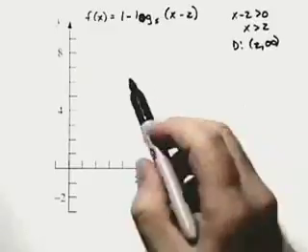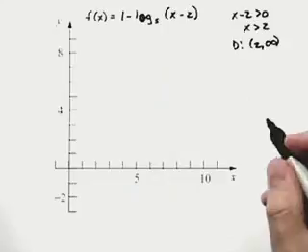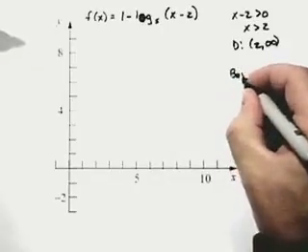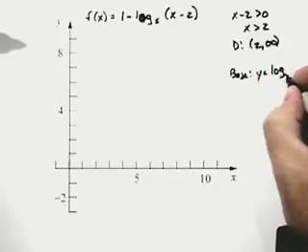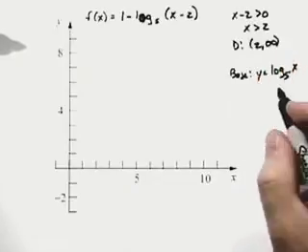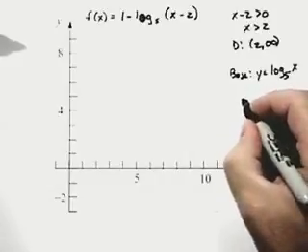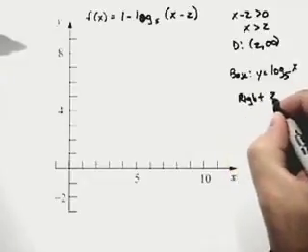In part B, we're asked to graph our function. We're going to do that by using transformations. We'll note that our base function is y equals log base 5 of x. And we'll do some transformation steps. Our steps will be a shift right of 2 units.